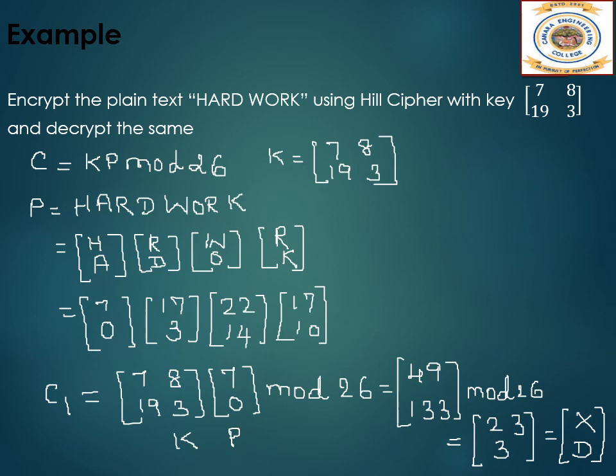Let us proceed with the next. So next we have R and D. So here we write P2 equal to R and D. First I have to write the key, KP mod 26 it is.